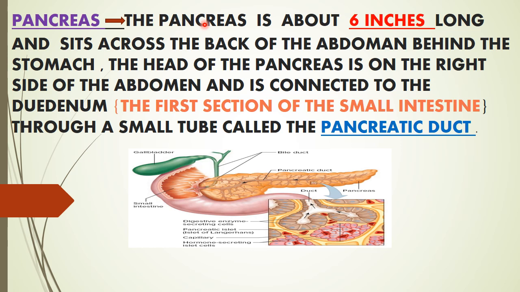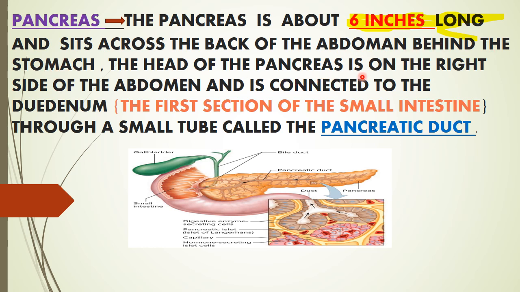This content gives a very clear description of the pancreas gland. Here on your screen, note down in your notebook: the pancreas is about 6 inches long and sits across the back of the abdomen, behind the stomach.